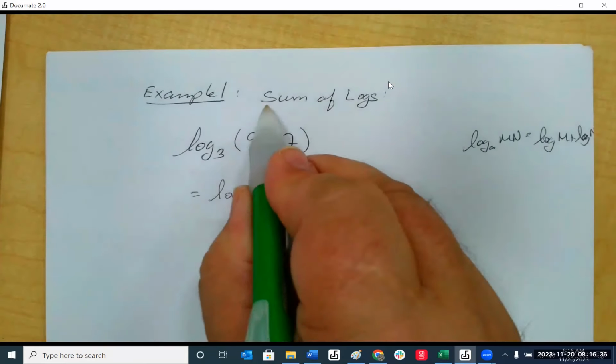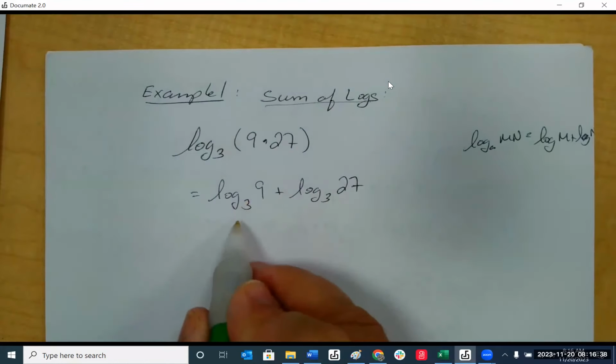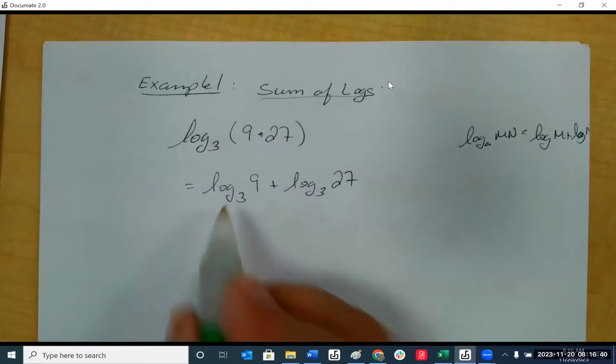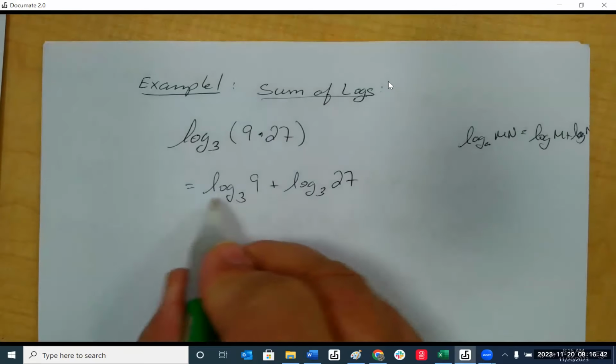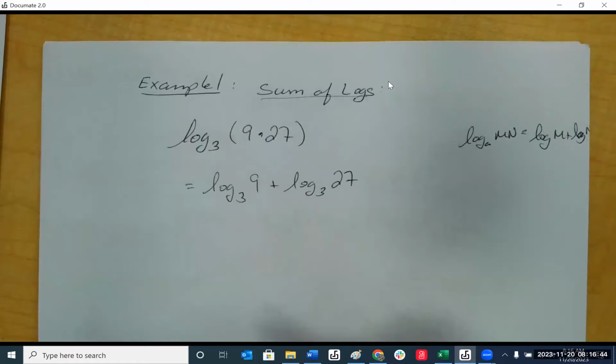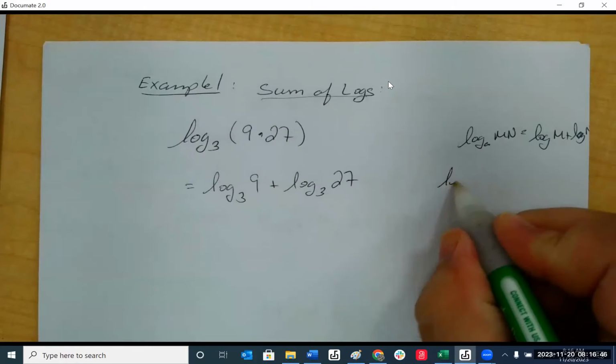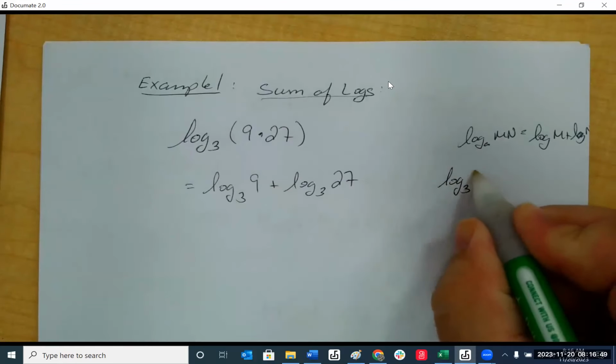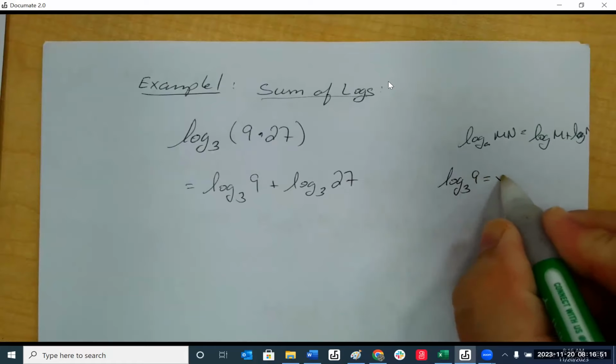This is all it asks for. But if you can go further, try to go further. Let's convert this to a number. Log base 3 of 9 equals some number x.